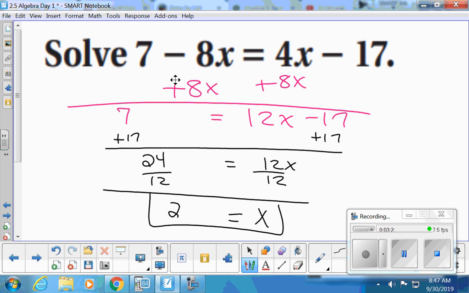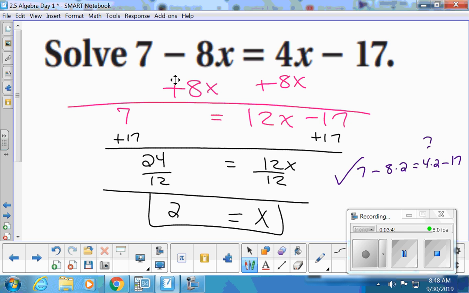Hey, question. Well, the answer is 2, but how could you check that you got that answer right? Anthony? Plug 2 in for x. Right, so I always do a little check mark when I do my checking. Is 7 minus 8 times 2 going to equal 4 times 2 minus 17? Not sure. Might need the calculator. This would be 7 minus 16.